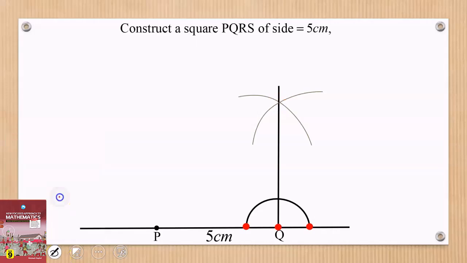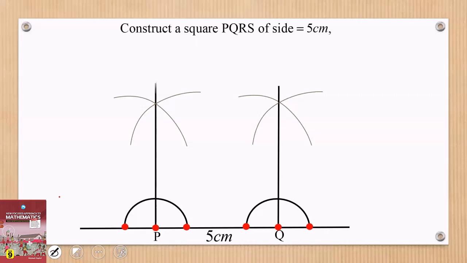Okay, good. So again, we put the compass pin at P, and to any convenient radius, we draw another arc. Now we put the compass at the meeting point of this arc and the line and construct a bigger arc. With the same radius, don't change it, move to the opposite side and do likewise to intersect the first one. Now use your ruler to join the two intersecting arcs to the point P and you get your perpendicular line.